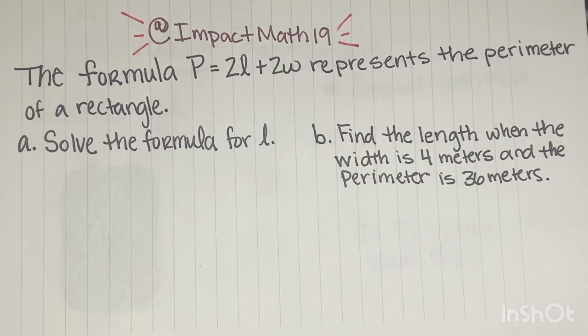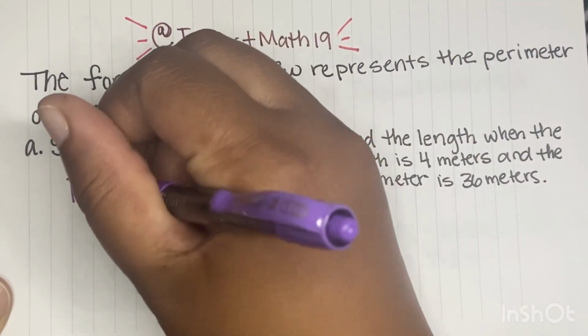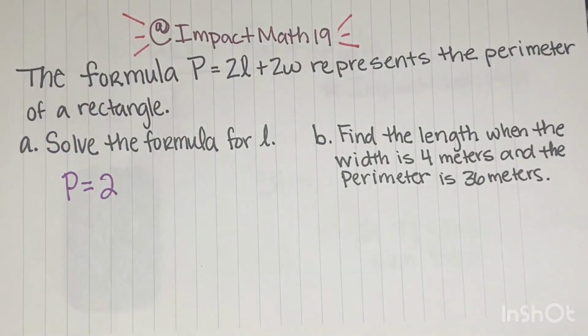Alrighty, so for our word problem, the formula P equals 2L plus 2W represents the perimeter of a rectangle. Solve the formula for L. So let's rewrite this. P equals 2, and then again, I want to put a different color on what I'm trying to isolate by itself.